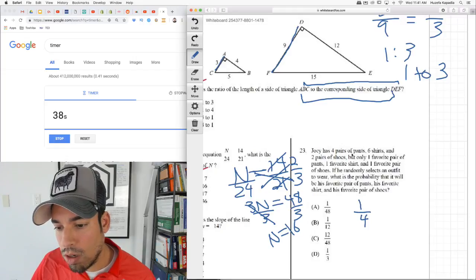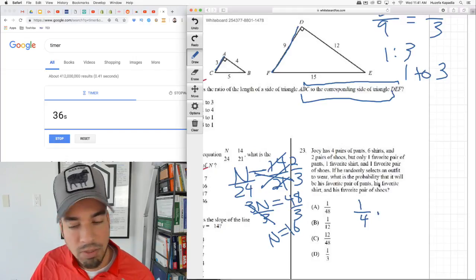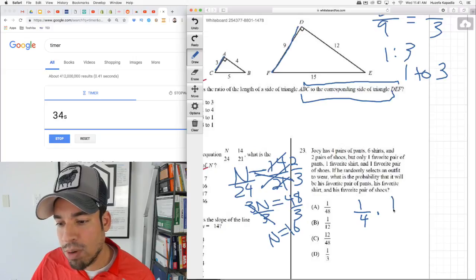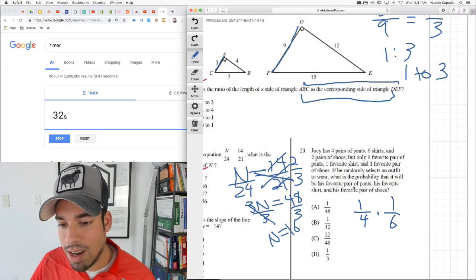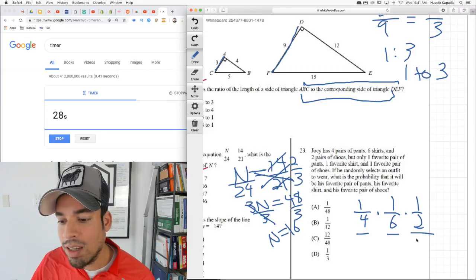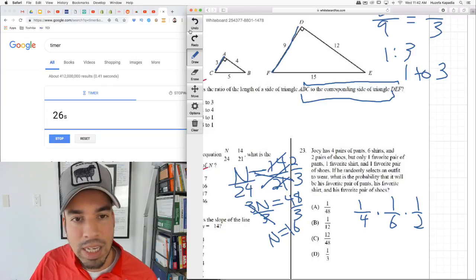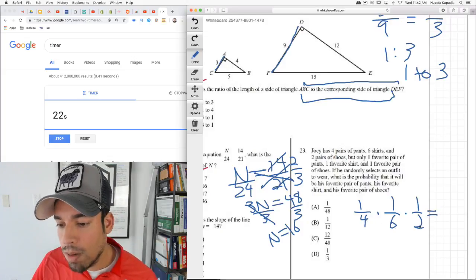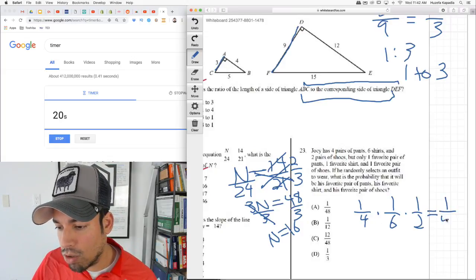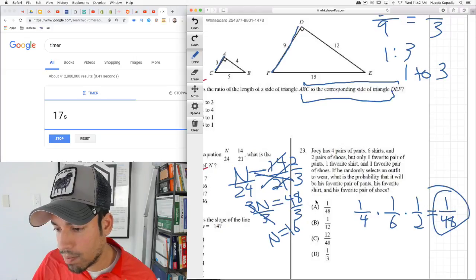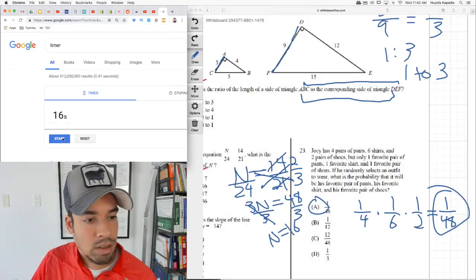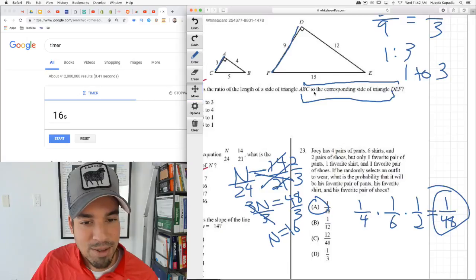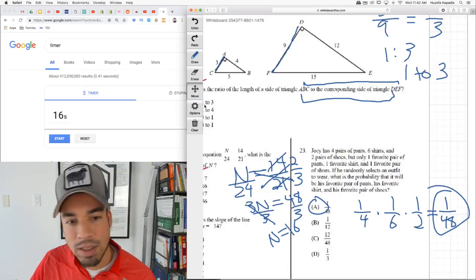The probability is the probability of choosing the favorite pants, which is 1/4, times the probability of the favorite shirt, which is 1/6, times the probability of the favorite shoes, which is 1/2. So you take the individual probabilities of each and multiply, not add, multiply them together. That's joint probability. So it's 4 times 6, which is 24, times 2, which is 48. So it's 1/48. Okay, I'm going to pause it just in case I missed another question.